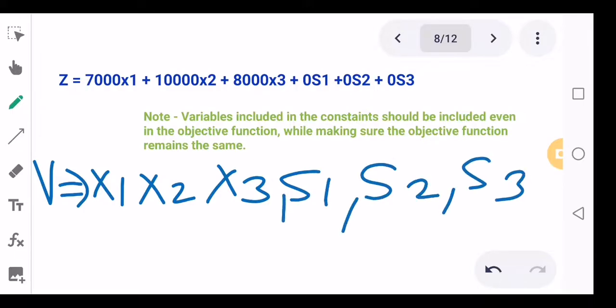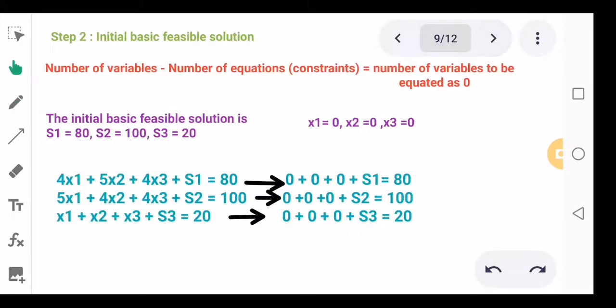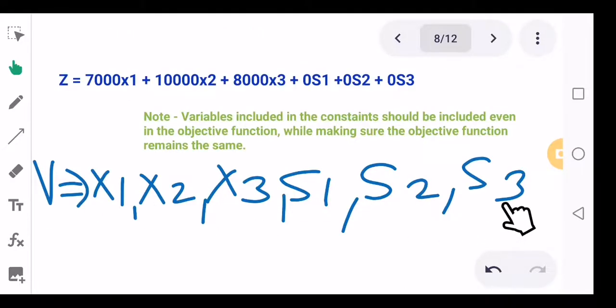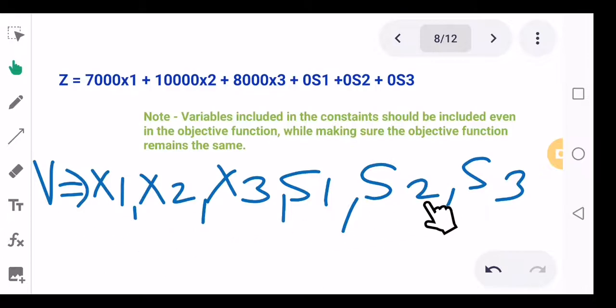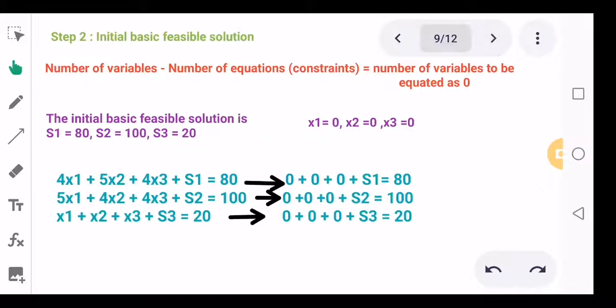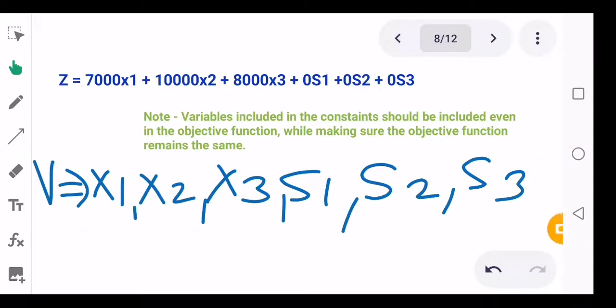The number of variables in the entire equation that you have formed is 6. In this, to find the initial basic feasible solution, we need to consider some of the variables out of these 6.